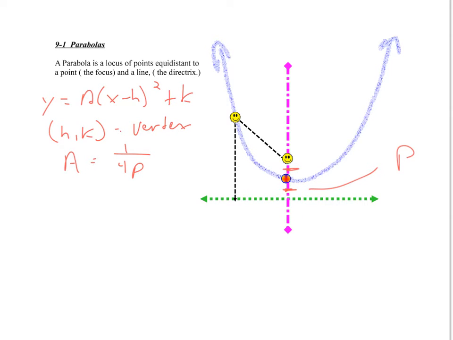And we also have a line right here called the latus rectum. The latus rectum is a line that passes through the focus from edge to edge of the parabola, and the latus rectum is always equal to the length of 4p, or 1 over a.